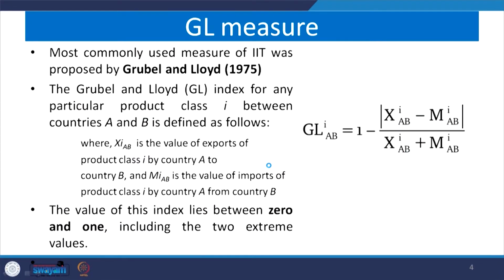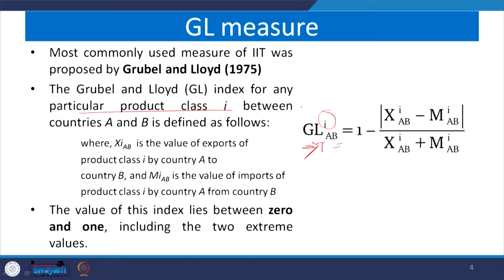Let us come back to the previous slide where we started. Now, we are saying the Grubel-Lloyd T index can also be interpreted like this. T index stands for 1 minus. Let me interpret the index for any particular product class i, between country A and B, defined as follows.